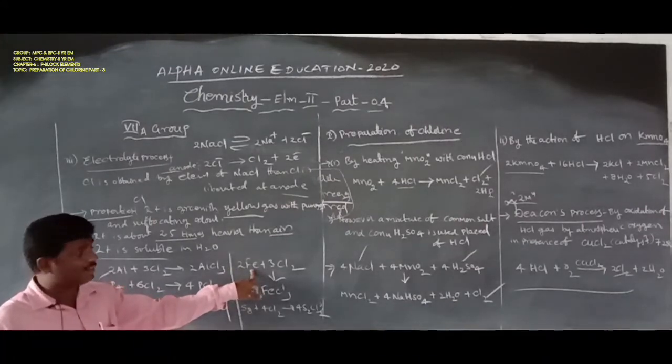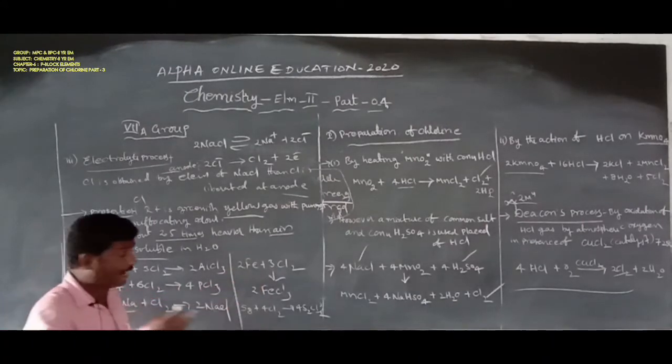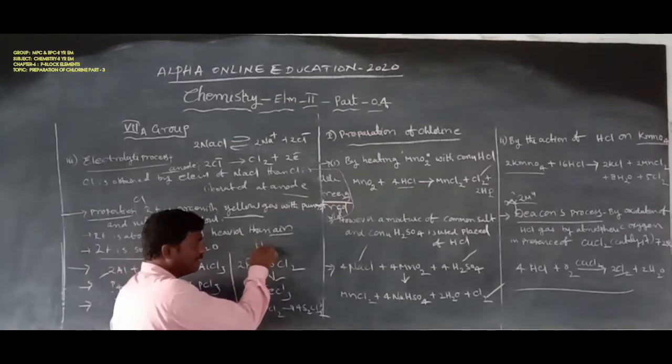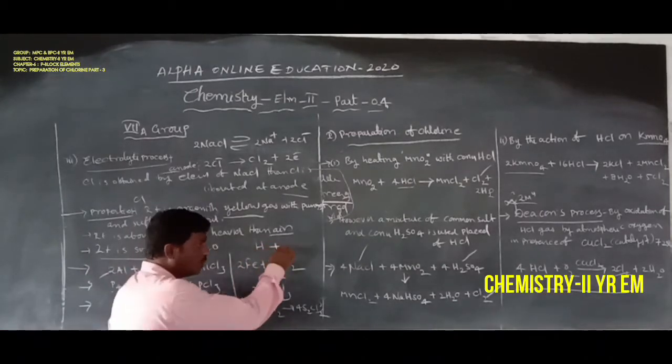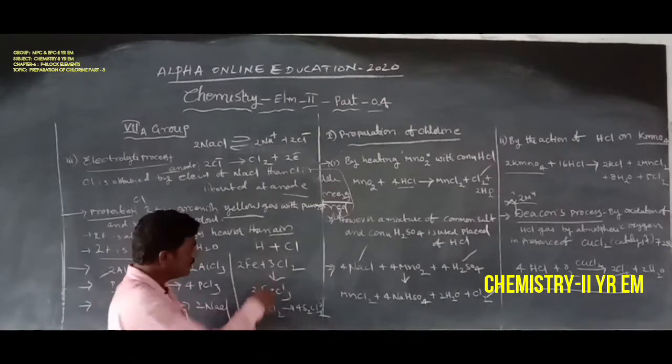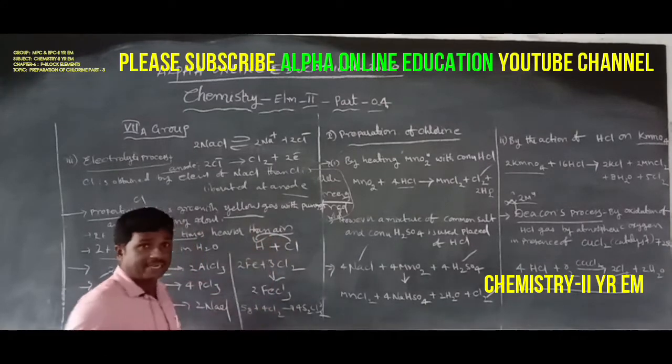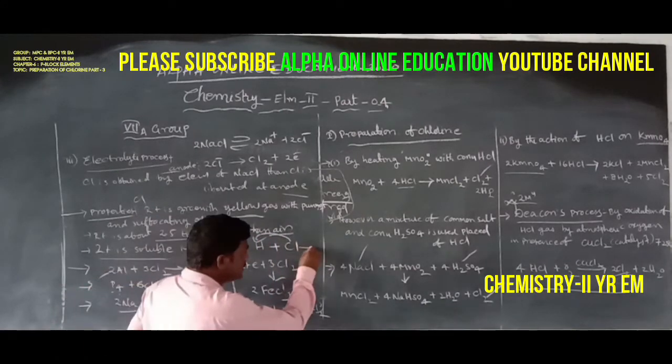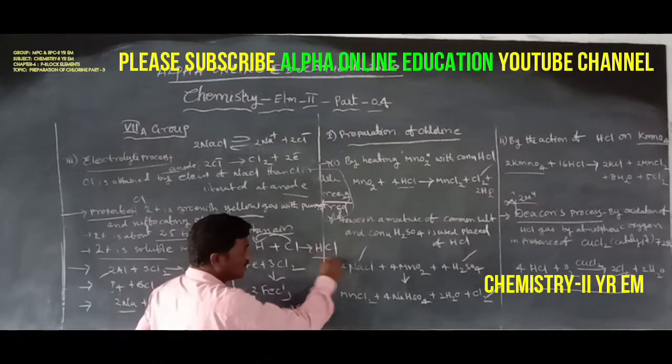Chlorine has more affinity with the hydrogen atom, forming HCl, hydrochloric acid.